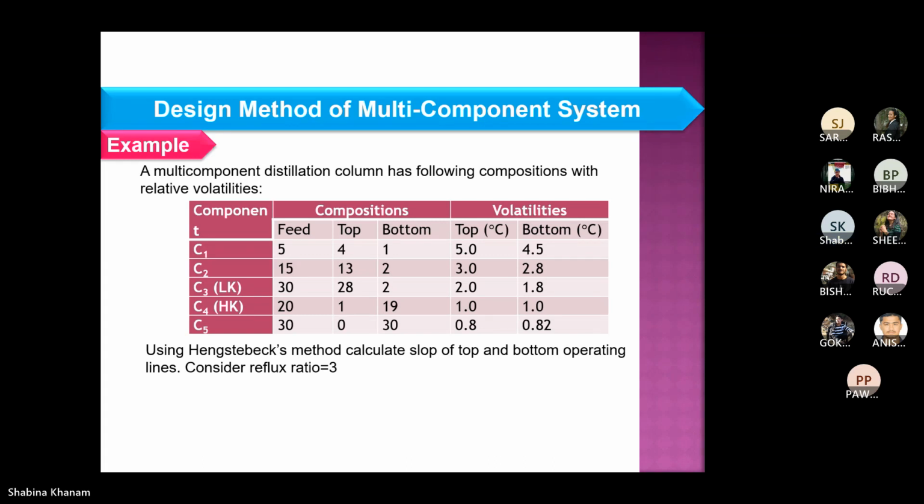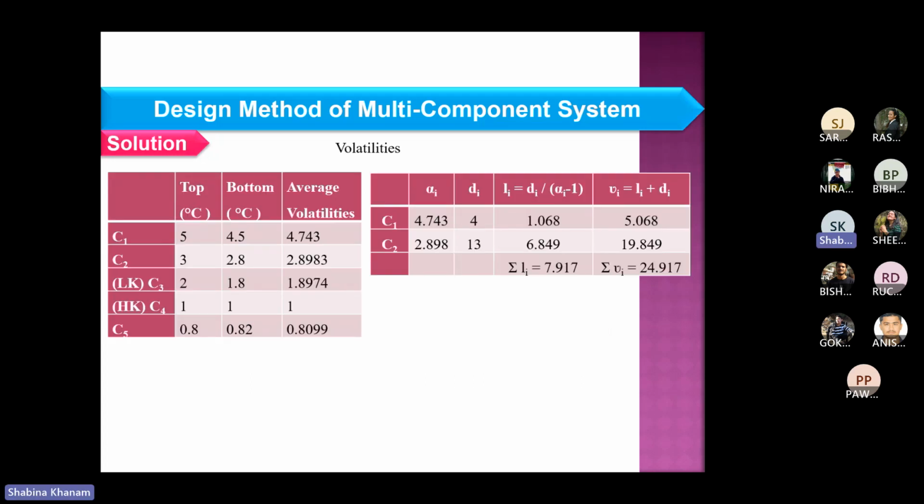A similar problem we discussed in the last class, but that was just an example; here we have another one. First of all, we have to find the average volatilities between top and bottom. These are not the arithmetic average, they are the geometric average.